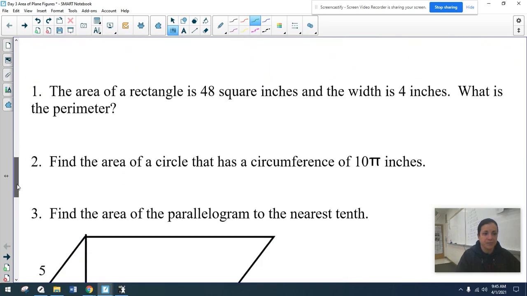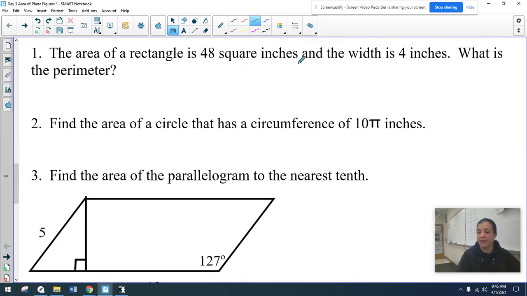Okay? Other types are when they give you the area instead and make you find something else. So area of a rectangle is 48 and the width is 4. So if you're looking for area, you know that rectangles are base times height, just start filling stuff in. Area is 48. The width, or sometimes they say base and height or width and length, is 4. So then what's the perimeter? So first of all, I need to find the other one.